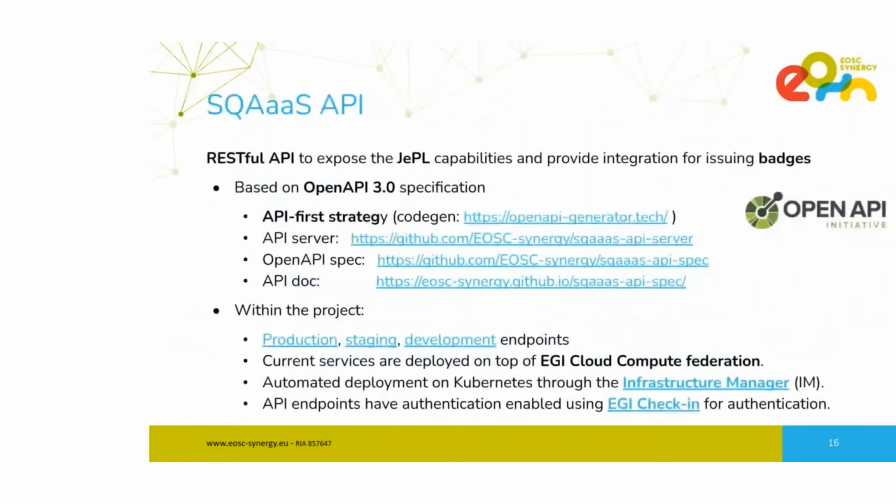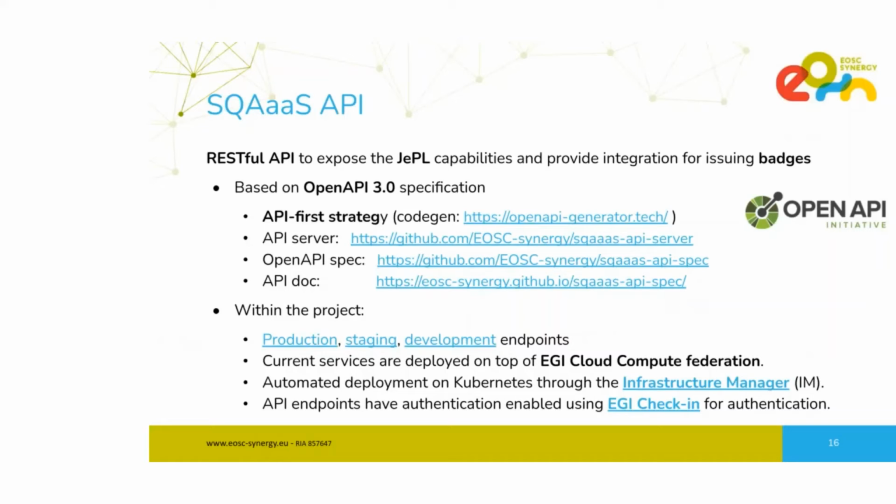Then the SQS API is based on the OpenAPI 3 specification. It follows an API-first strategy, which means that we first describe the API specification, like in the swagger.yaml file, and then we use code generators to generate a code template for the corresponding software.